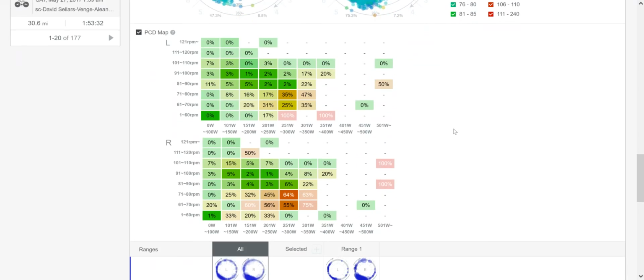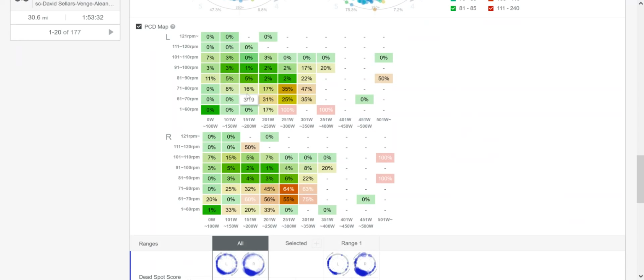The next one down is called the power cadence dead spot map. This is another map that Dr. Coco and I came up with, and it's a pretty cool map to see what your range of pedaling is when you don't have a lot of dead spots.